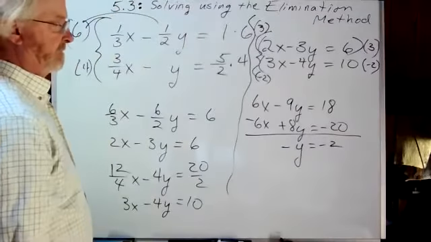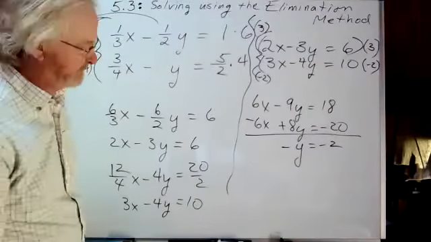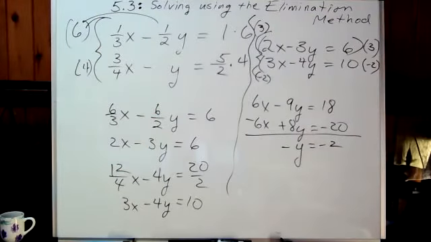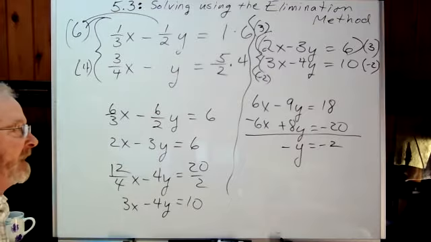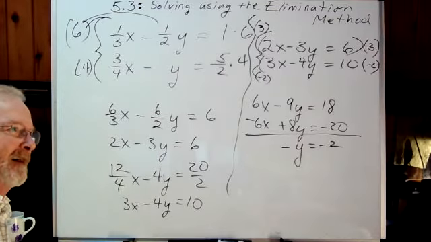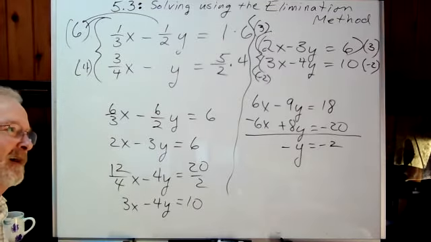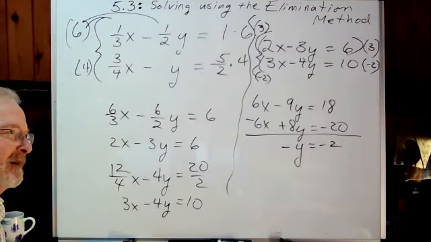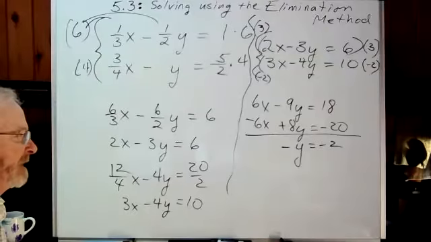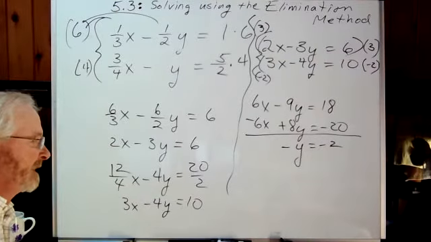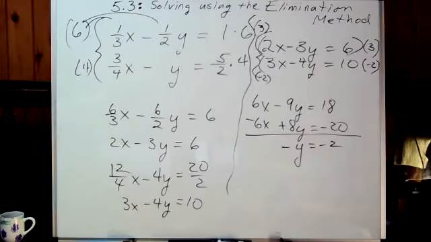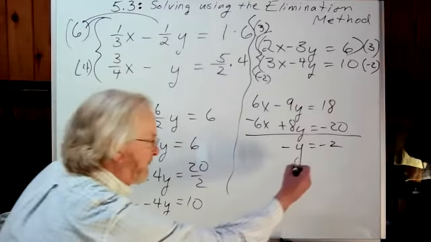Can you slow down just a little bit, please? Yep, okay. Wait for me. It's okay. If -y is -2, then multiply both sides by -1, you get that y equals 2.